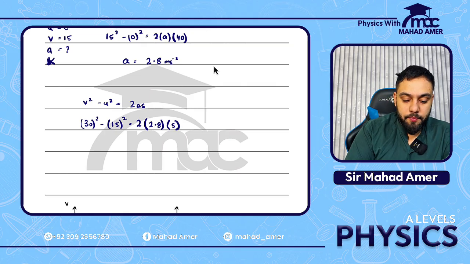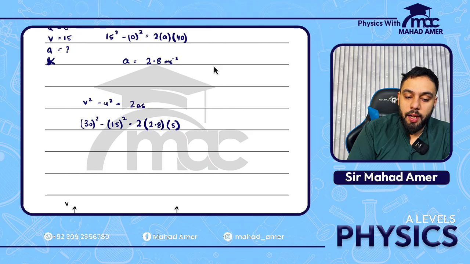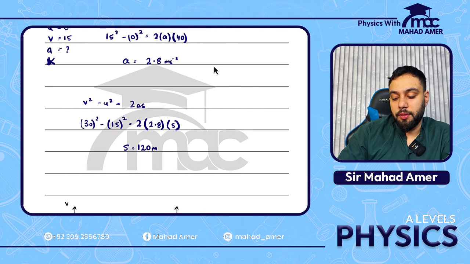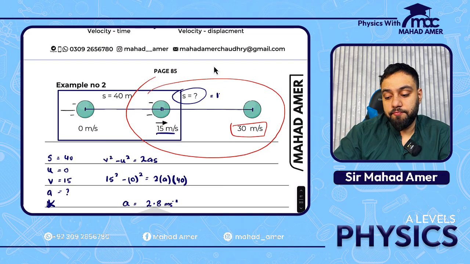So it'll be 30 squared minus 15 squared, and the whole thing is to be divided by 2 times 2.8, and from there I'll get the displacement value to be 120 meters. So this will be 120.